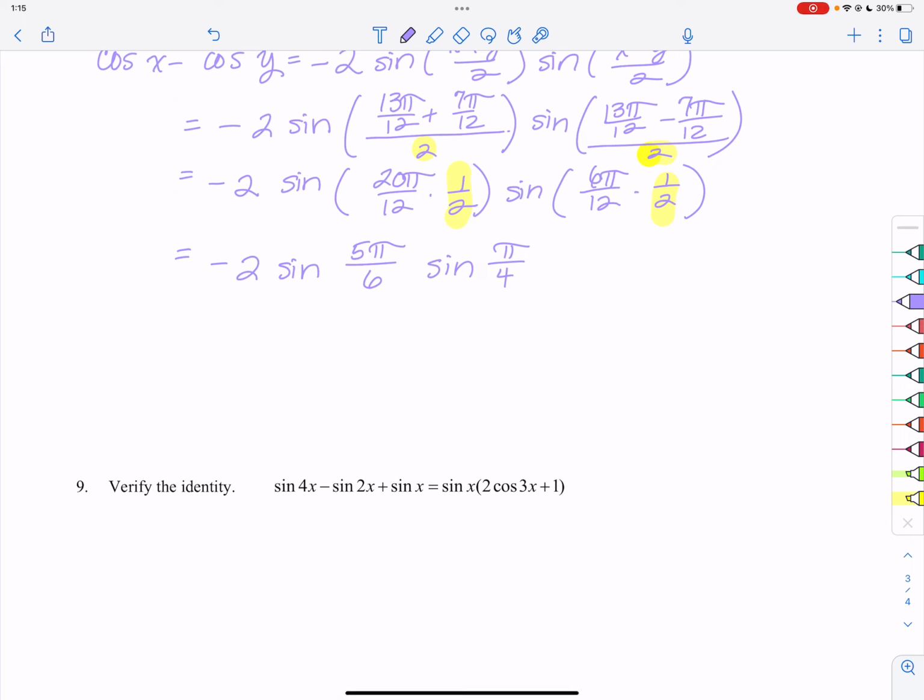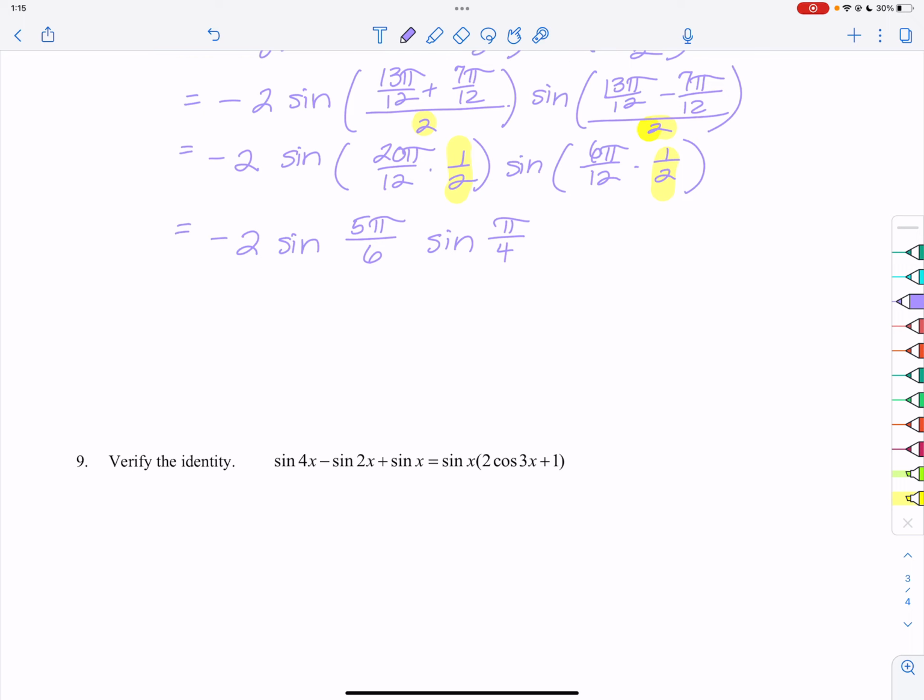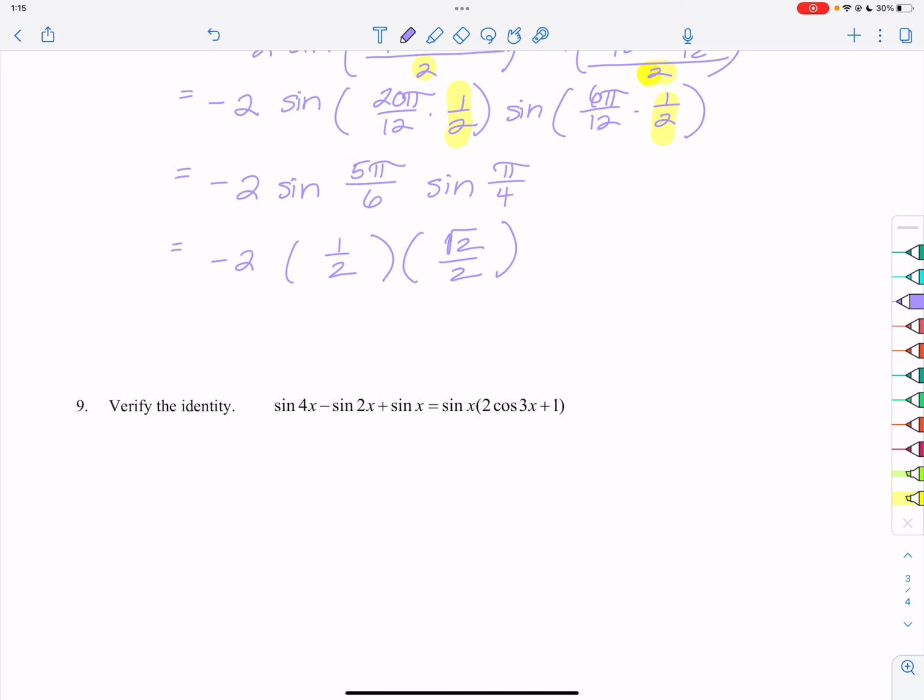Because 10 over 12, you can reduce those. And then it'll be 3 pi over 12, which is pi over 4. Okay? And that's equal to negative 2 multiplied by 1/2 multiplied by root 2 over 2. And that's equal to negative root 2 over 2.